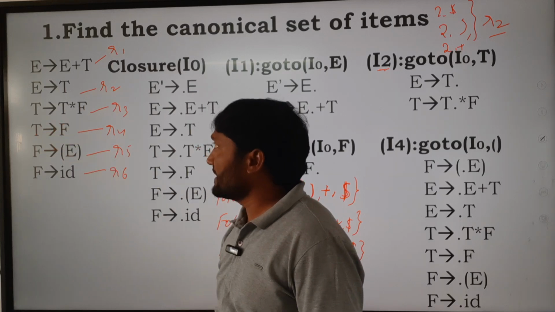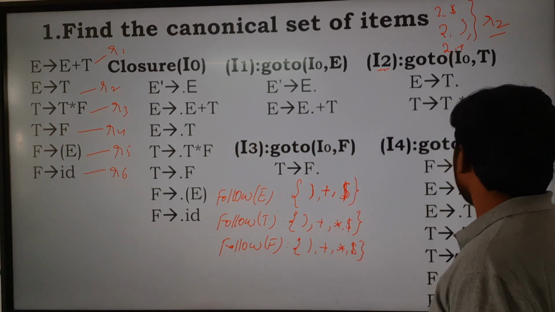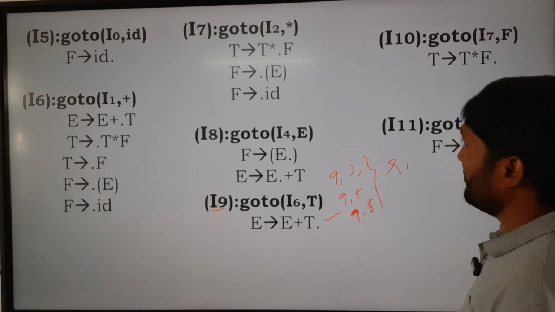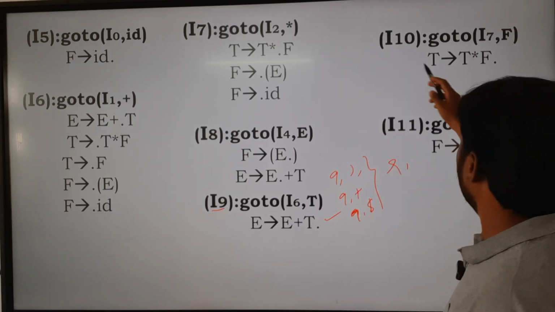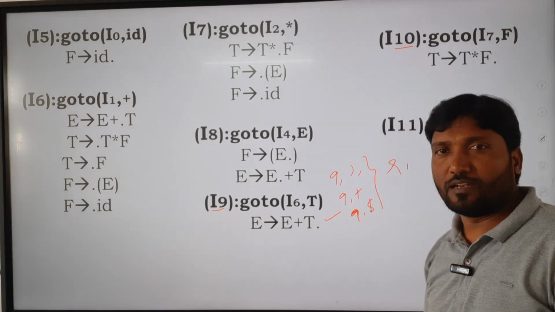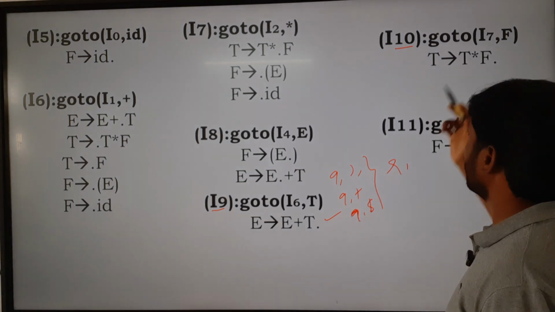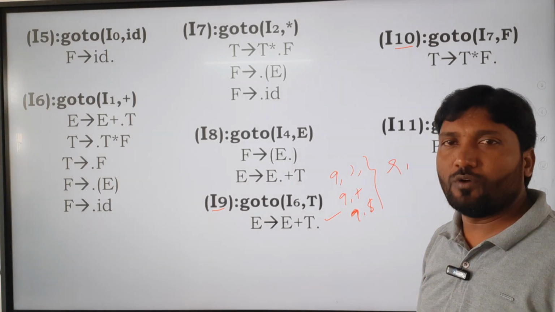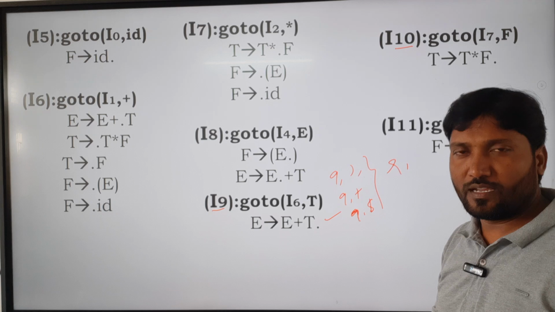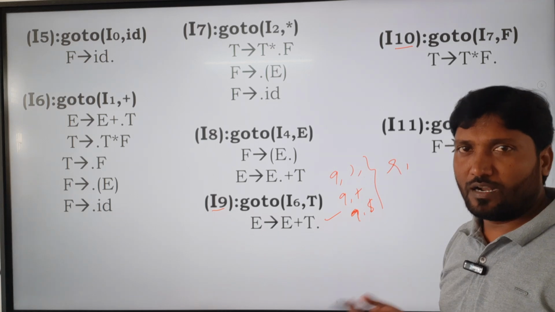Now what is R3 here? T derives T star F. Check where it ends. It ends in I10. What is the follow of T? You know that: close bracket, plus, star, and dollar.